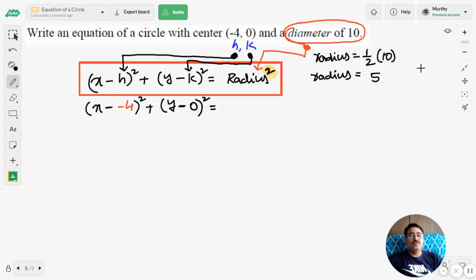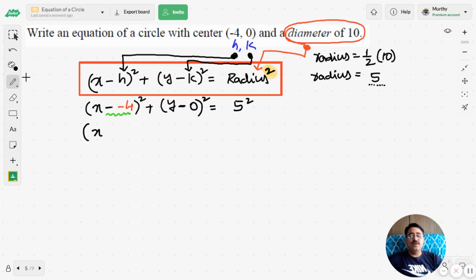Square equals to radius. Just now we computed and we got 5. Therefore, it is 5 square. So if there are any simple calculations that you have to make, you do it first. Like I see that two negative signs are occurring side by side.